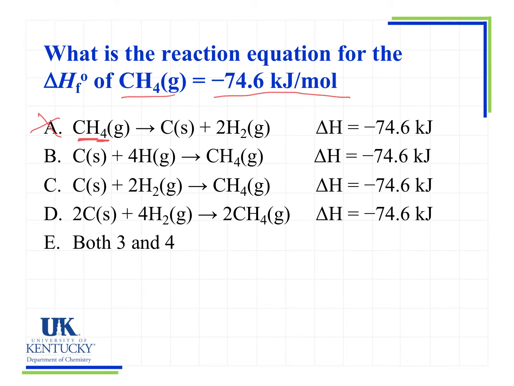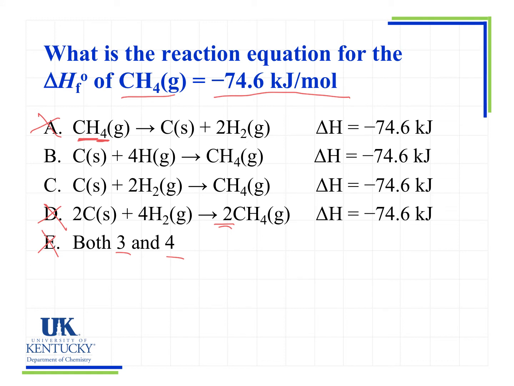And it's 1 mole of that compound, not 2 moles. In D, we have 2 moles, so that cannot be the answer. So we can cross out A and D, and also E, because of the 3 and 4. So it's either B or C, and both of them have 1 mole of product.